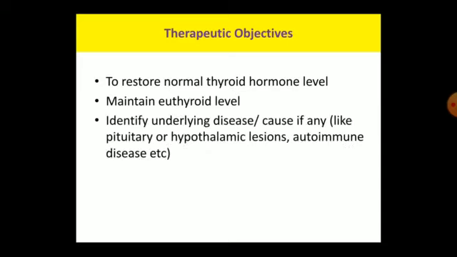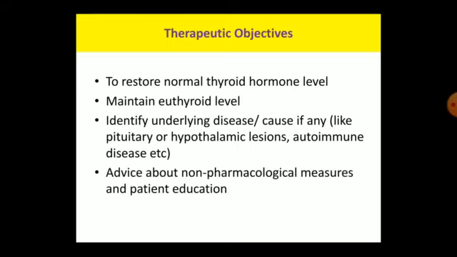And if we can identify any underlying disease or cause, like a pituitary lesion, hypothalamic lesion or autoimmune disease, then if possible we treat it. And lastly, patient education. The patient has to be explained about the condition he is having, the importance of the drug therapy, and what the consequences can be if the patient is not taking the drug regularly.